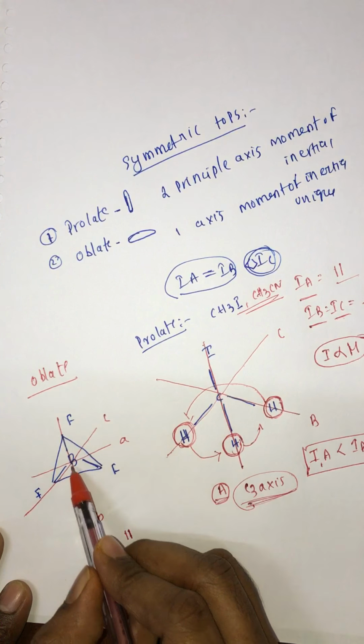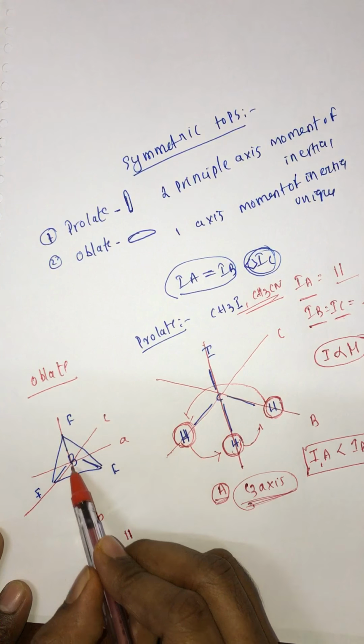And the next category is asymmetric top. Asymmetric top means along all three axes x, y, z, the moment of inertia will be different from each other. Because of that reason Ix is not equal to Iy and it's not equal to Iz. This is the moment of inertia for the asymmetric top molecule.